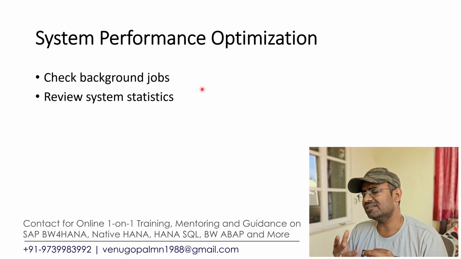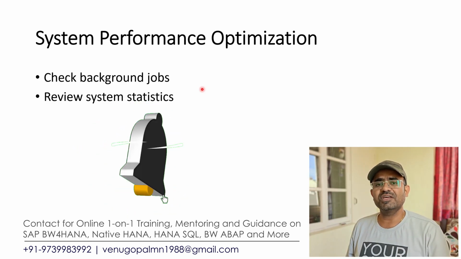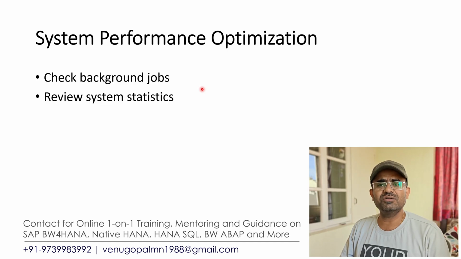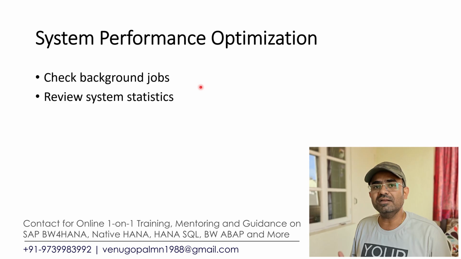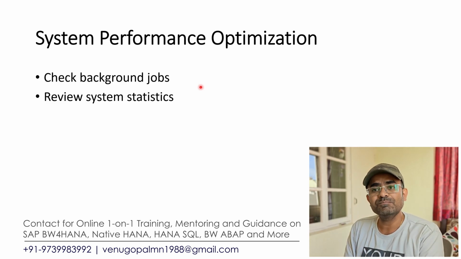Generally what might happen is that our system might have existed for a very long period. There might be some jobs running for years, scheduled to run periodically, but that job is no longer really required, and sometimes this job might be consuming a huge amount of our system memory and processing power.